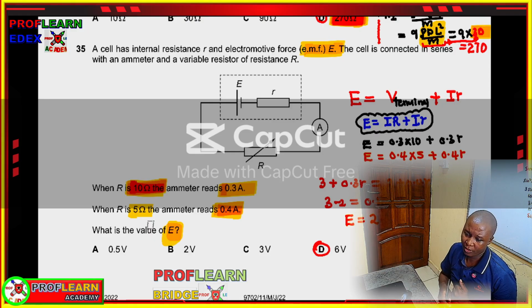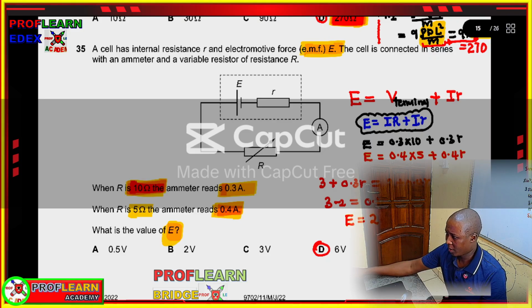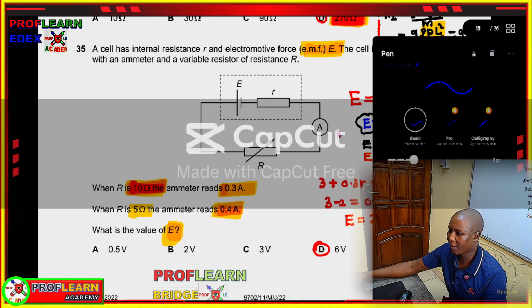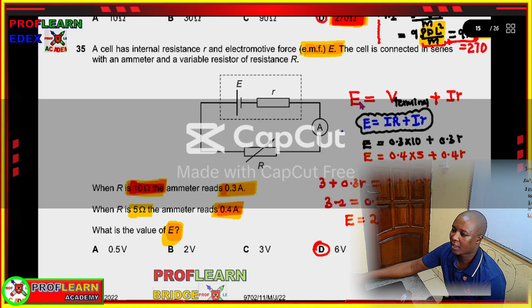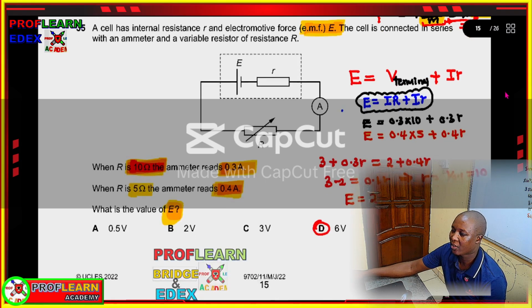In order to work out the value of E, we are going to form 2 simultaneous equations for E. Something we need to remember here is that the electromotive force E is equal to the terminal voltage plus the potential drop due to the internal resistance.